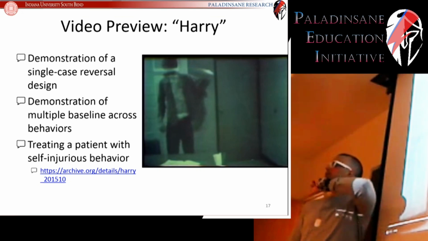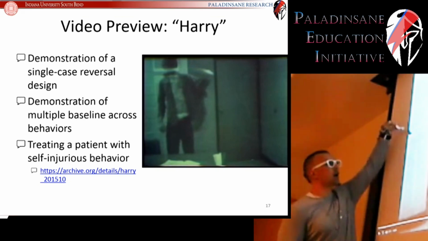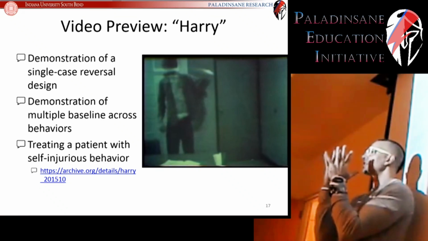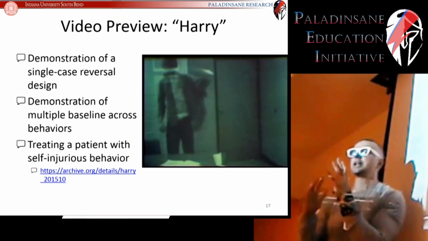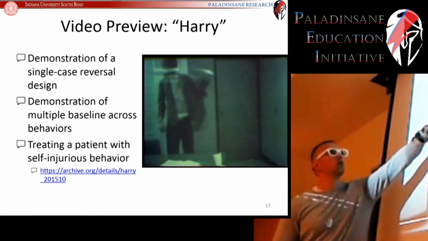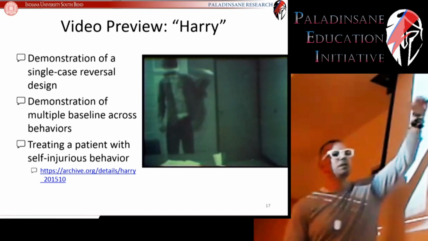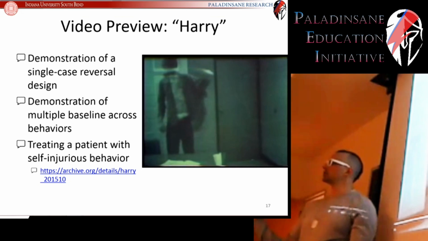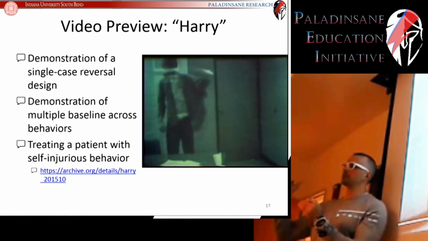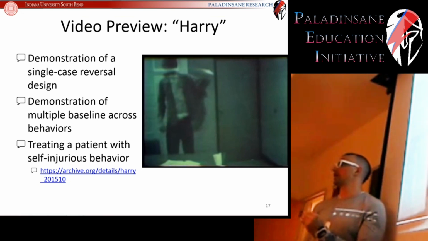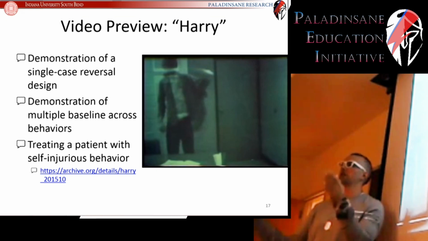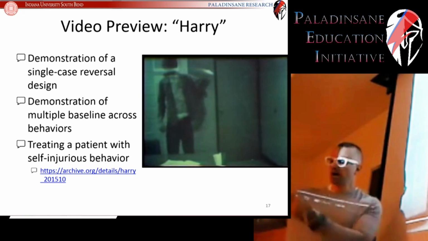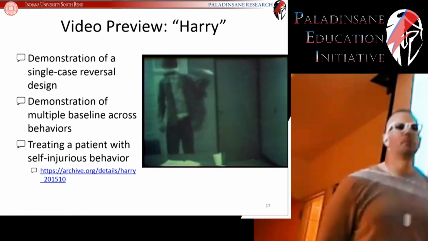So the treatment for self-abuse caused the self-abuse to go down, but Harry was still getting in Dr. Fox's face and trying to intimidate him. But then, as we're going to see, once Dr. Fox starts treating the intimidation, it goes down. The fact that those two behaviors only decrease when they're specifically being treated is multiple baseline across behaviors evidence that it's the treatment that is causing the change in behavior and not some other factors.